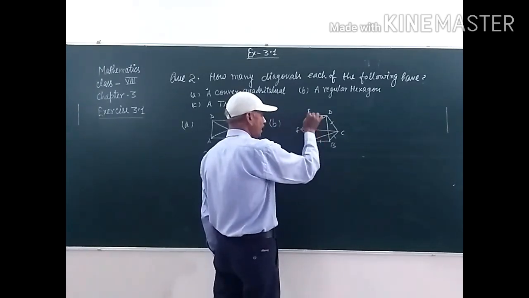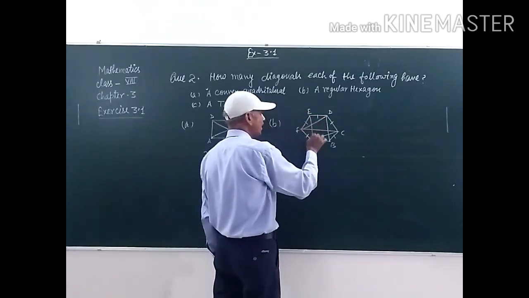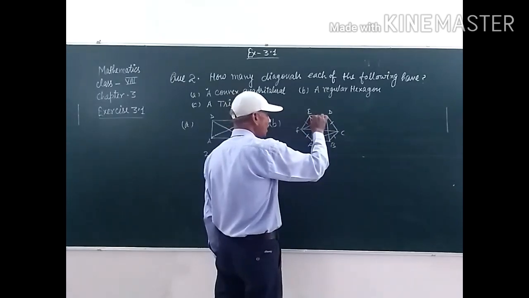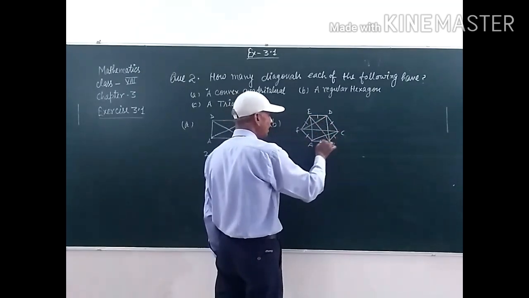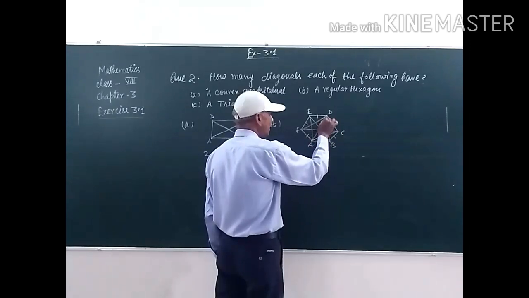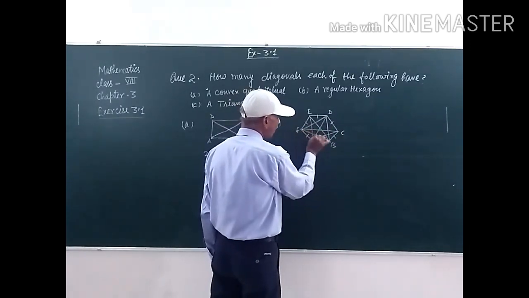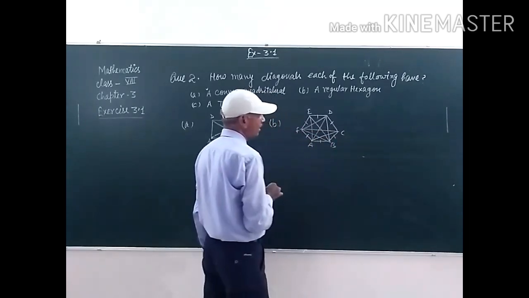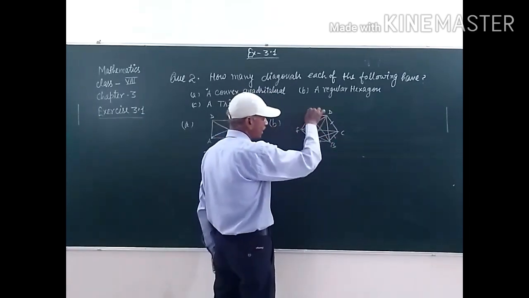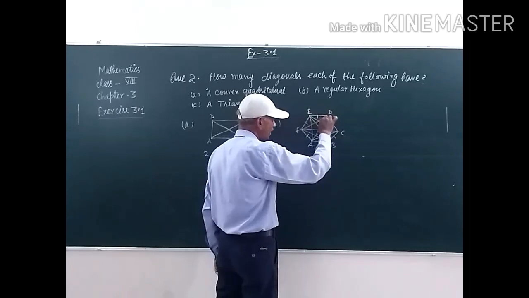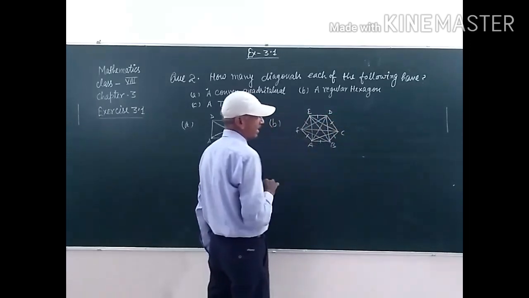E and A, fifth diagonal. E and B, sixth diagonal. A and D, seventh diagonal. F and B, eighth diagonal. And E and C, ninth diagonal.